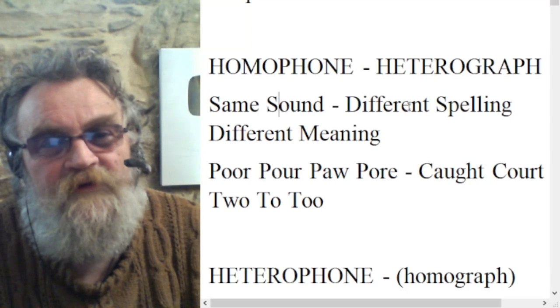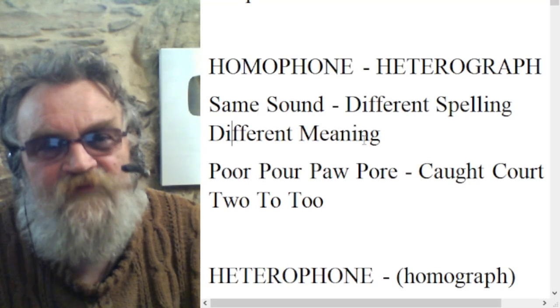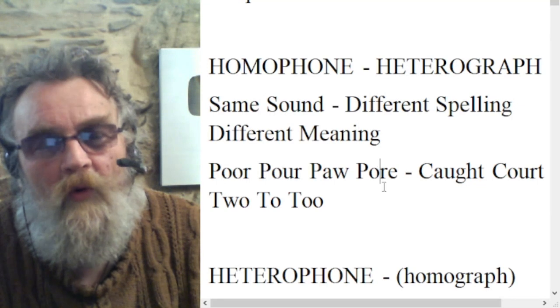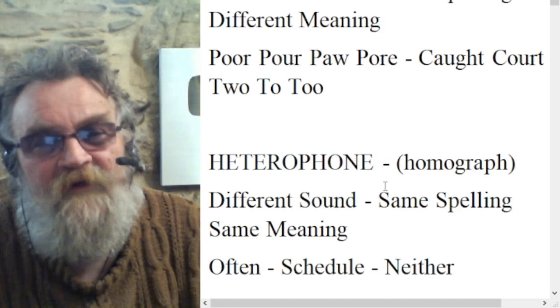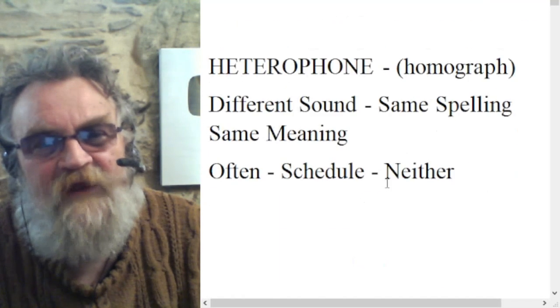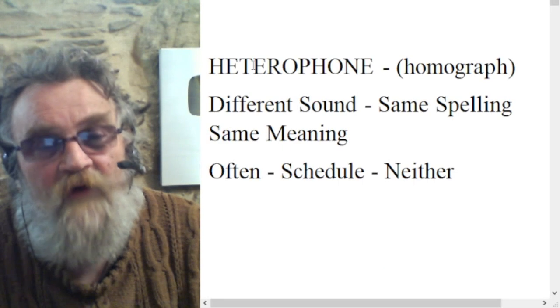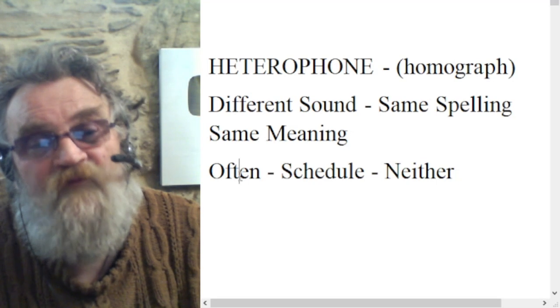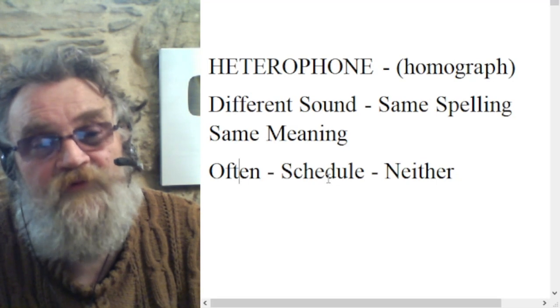Same sound, different spelling, different meaning. Pore, pour, paw, pore. They're written differently, but they sound exactly the same. And then heterophone. The sound is different, but the spelling is the same. So, often or often, schedule or schedule.